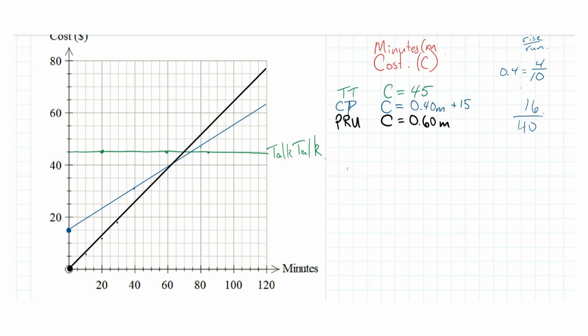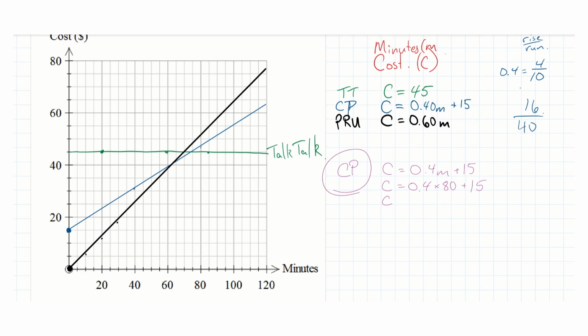So for CP, my C is going to be equal to 0.4 m plus 15. If I substitute in 80 for m, I am going to find out the cost of CP at 80 minutes of use.